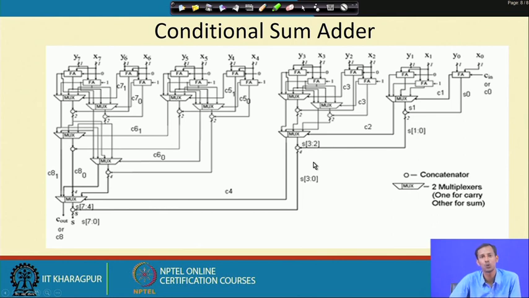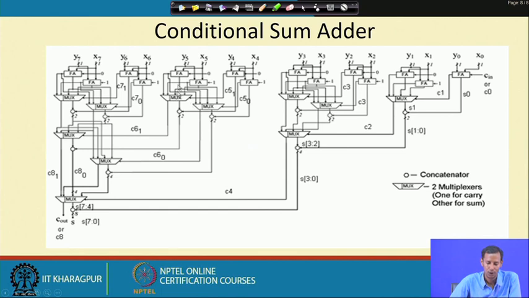Now my intention is to design an 8 bit conditional sum adder. So then again for y4 and y5, the same logic and this architecture will be applicable for y4 and x4, y5 and x5.